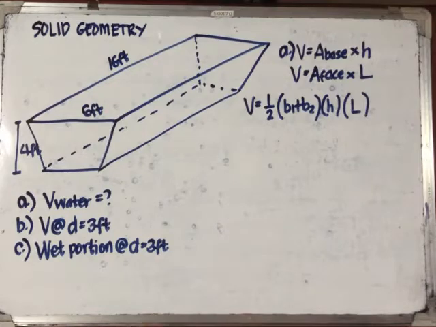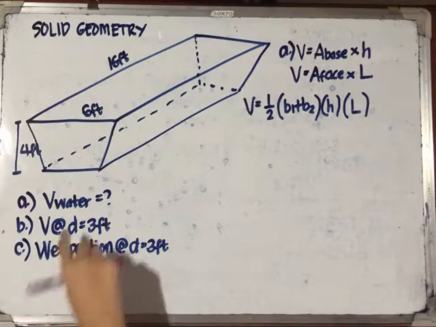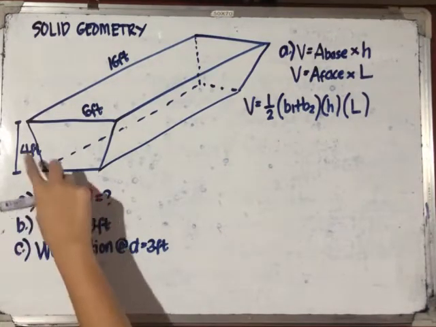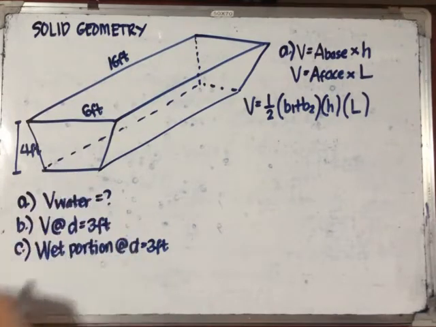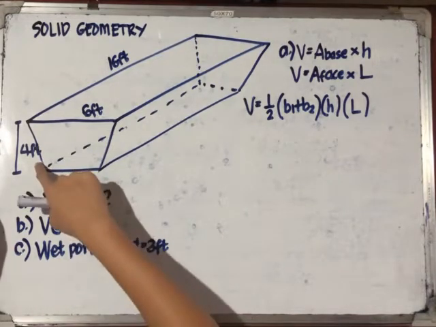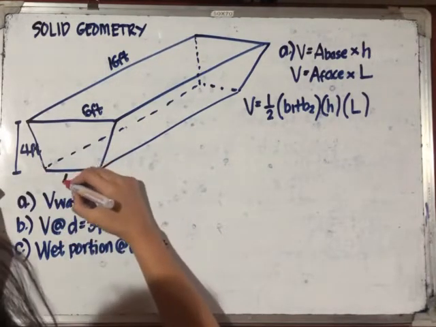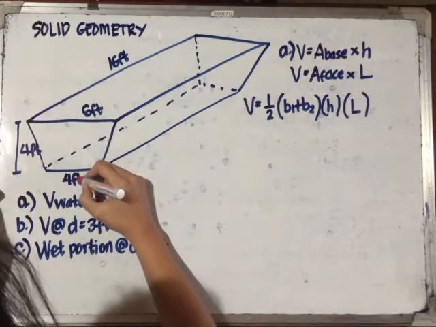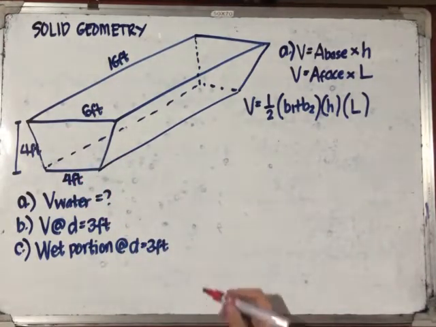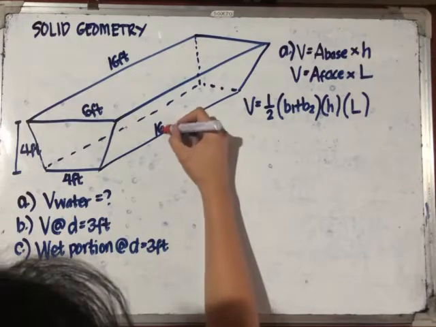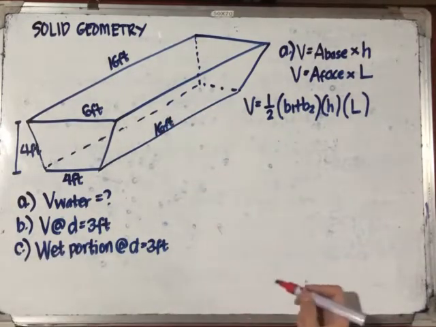Question pala muna, do we have a value na ba for our base dito sa baba? Okay, lagyan natin siya ngayon ng value. Let's assume that this is, say, 4 feet dito sa ilalim. Okay, so 4 feet, syempre by 16 feet din ito ang papunta doon. Kasi constant naman yung length niya.